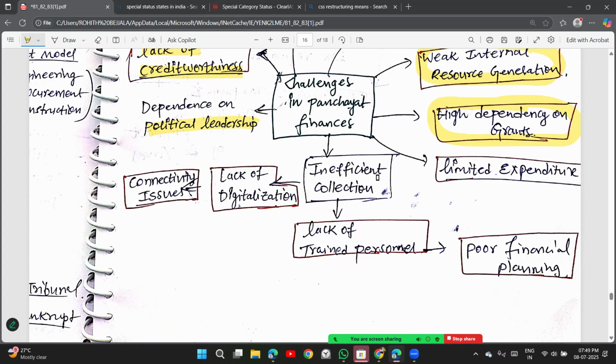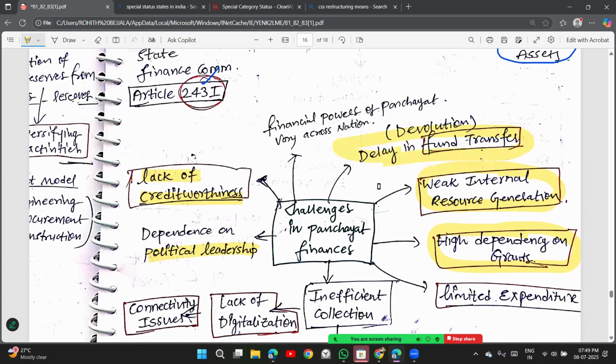In many panchayats, they are still collecting taxes offline, not online. So there is a lack of transparency and accountability, poor financial planning, and educational requirements of the political leaders.